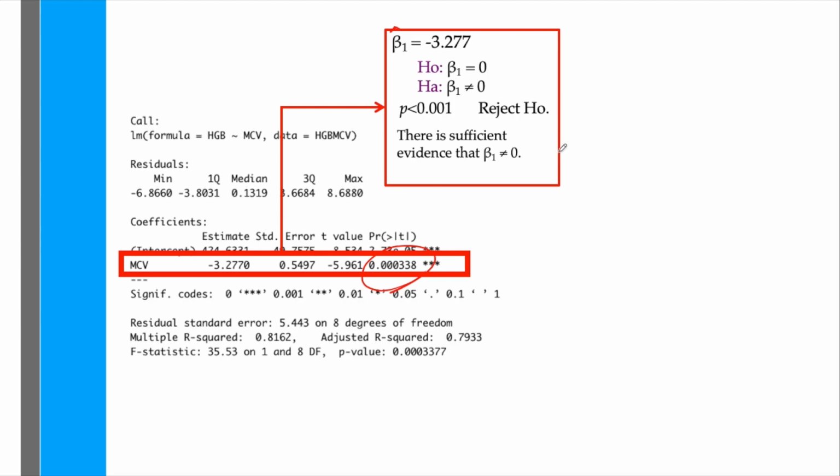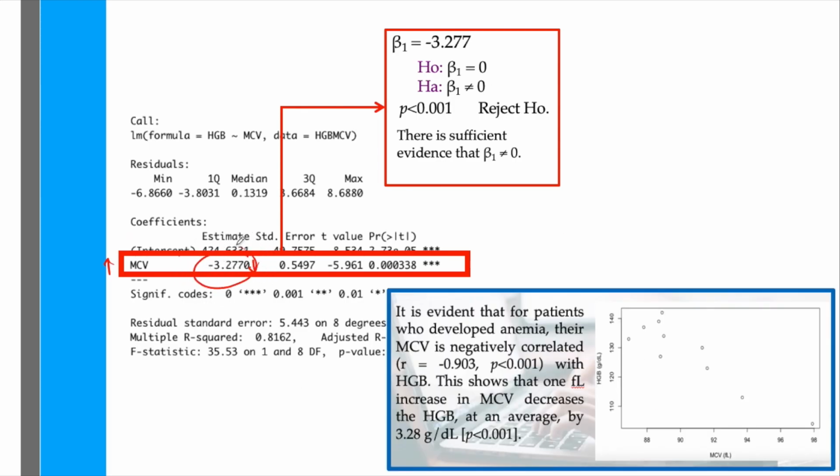Again, this implies that when we collect the entire population data, it's unlikely that your beta 1 is 0. So this is our conclusion. So we may say that, again, MCV is a contributor of hemoglobin. By how much? A 1 unit increase in the MCV decreases the hemoglobin by 3.277, which is the same result that we got a while ago.